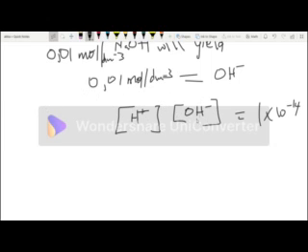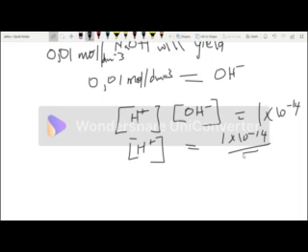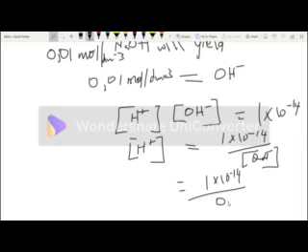We want to move this OH to the other side, so we'll have to divide. Therefore, the H plus, or the hydronium, is going to be 1 times 10 to the negative 14 divided by the concentration of the hydroxide. Then you have 1 times 10 to the negative 14 divided by 0.01.